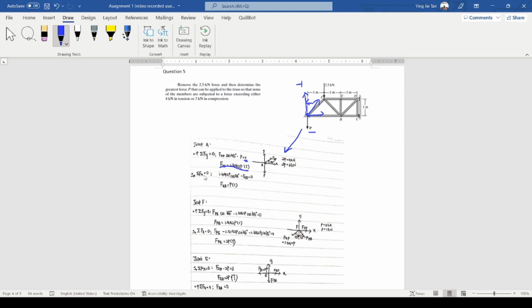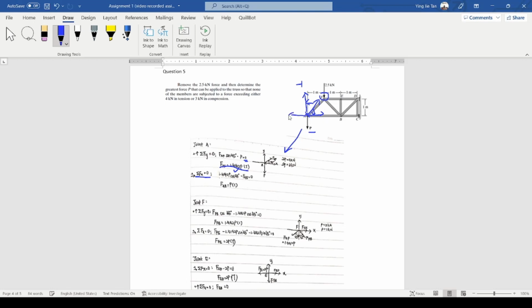Okay, done. We will check with the x-axis. So if the x-axis component is 0, we will resolve this thing. So FAF will be this one. We get the force here, cos 45, and then minus your FAB.